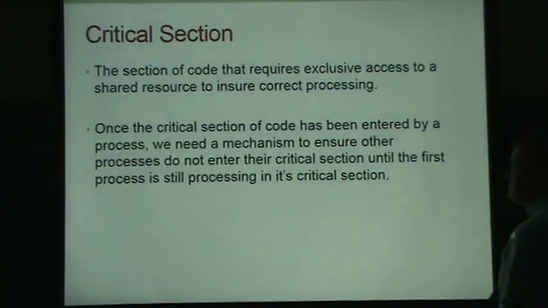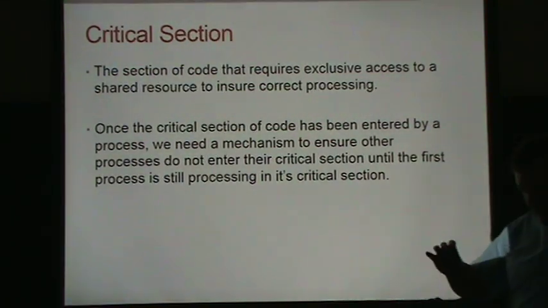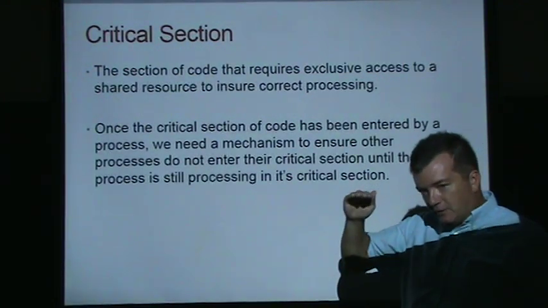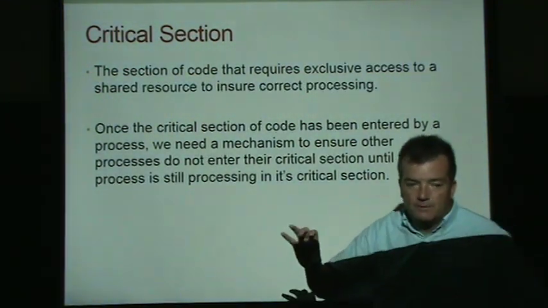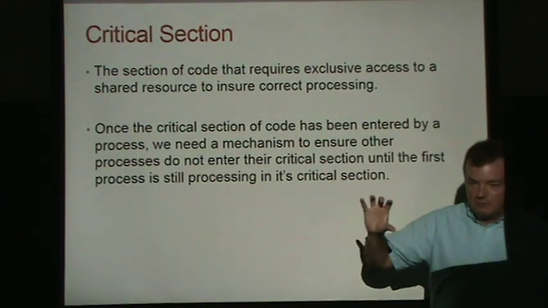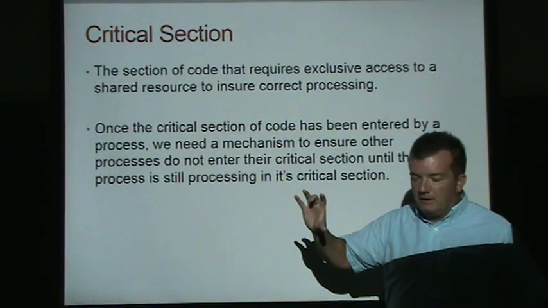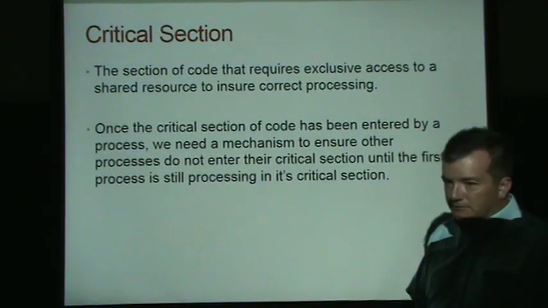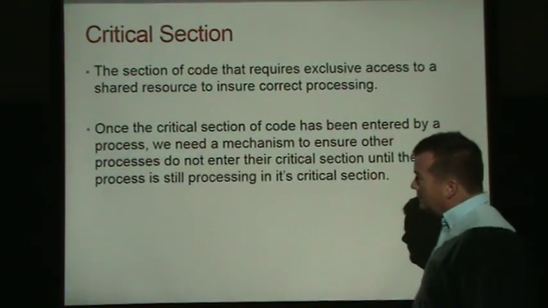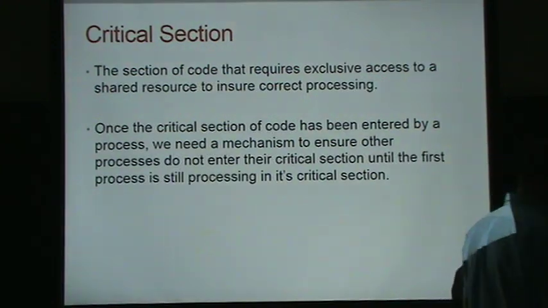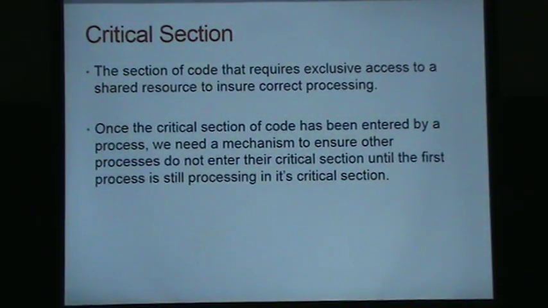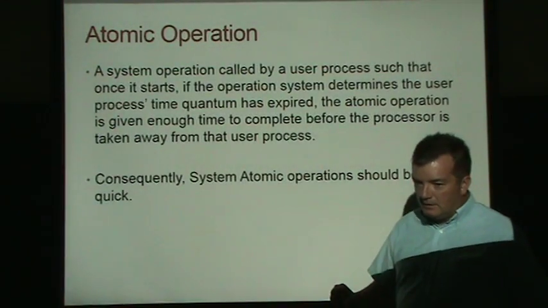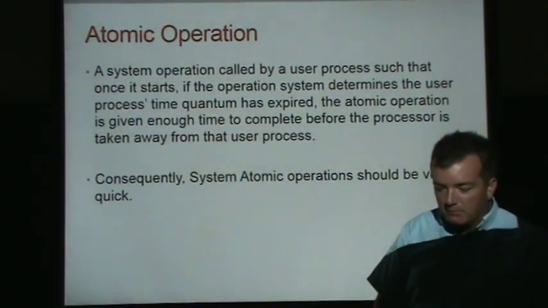Okay. So a critical section is basically the section of code that once your process starts executing in that section of the code, if it is interrupted by the operating system, there is the possibility of having inconsistent results. So we need to put a mechanism in place that will have us not have this problem.